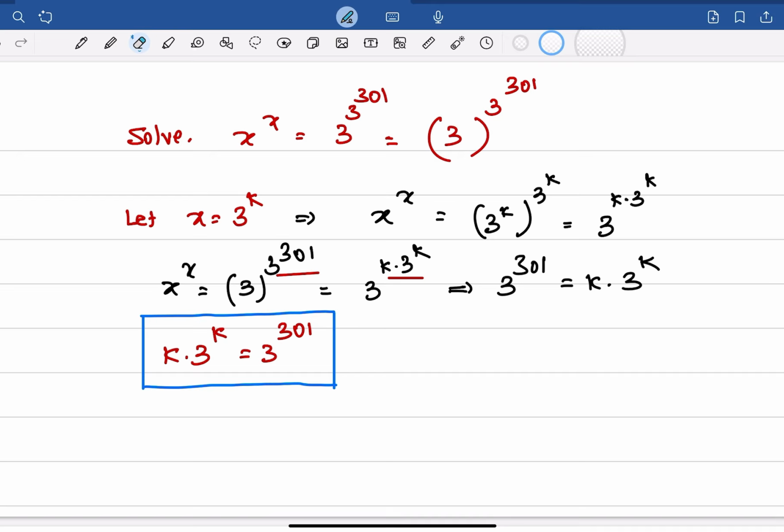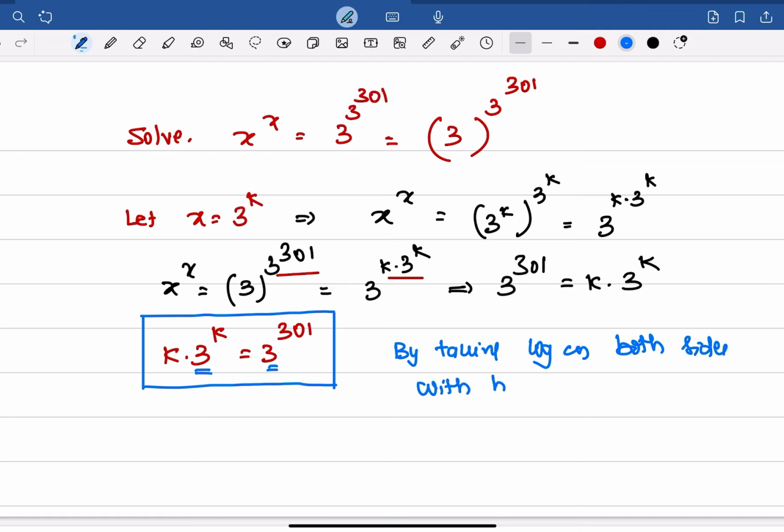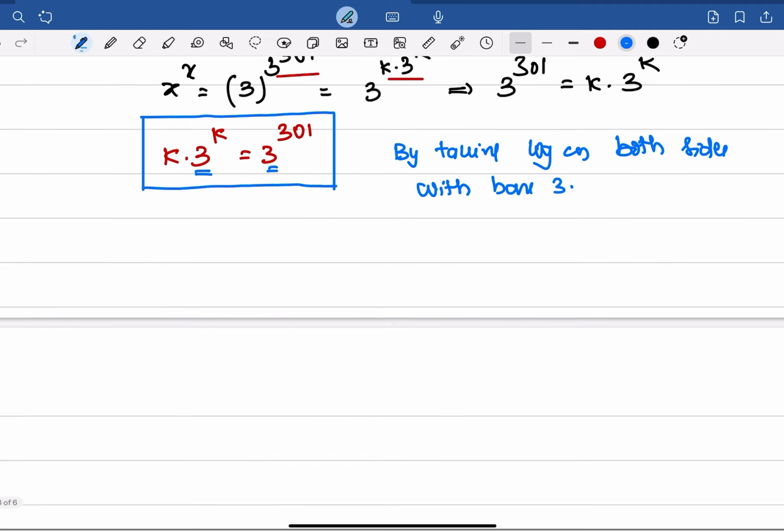Here it will be convenient to take the base 3, because of 3 to the power of 301 and 3 to the power of k. So, taking log on both sides with base 3, let us see what happens.